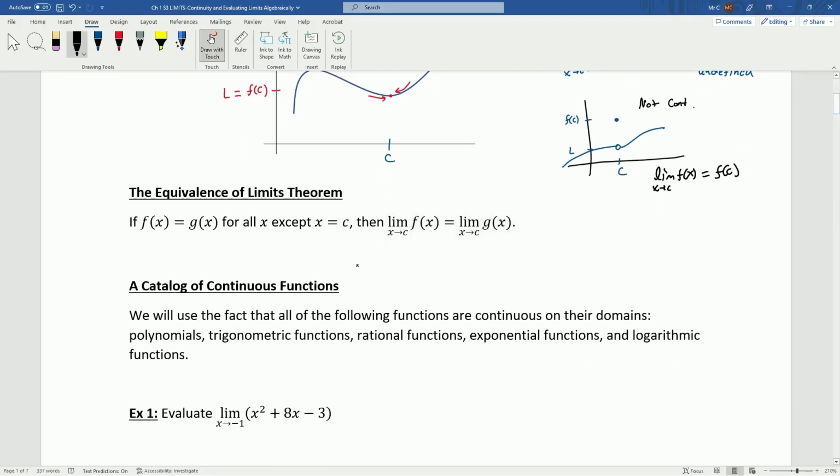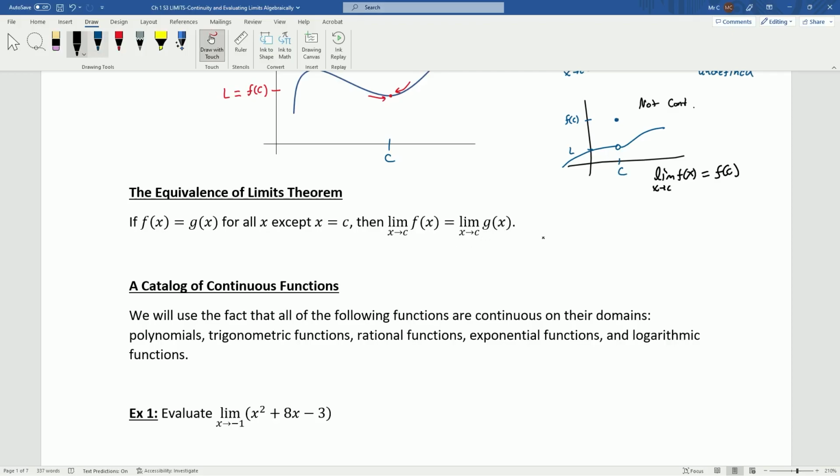Now, of course, not all functions are continuous, and that's why we have this theorem right here. That's our second major tool for evaluating finite limits algebraically. If f of x equals g of x for all x except x equal to c, then the limit as x approaches c of f of x equals the limit as x approaches c of g of x.